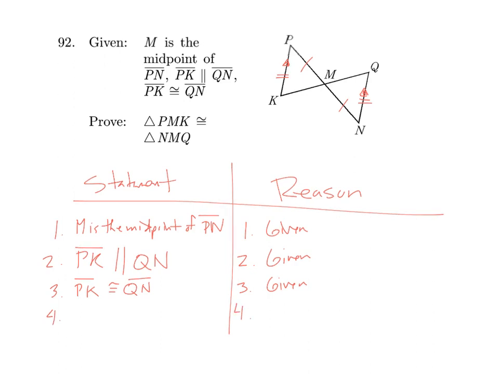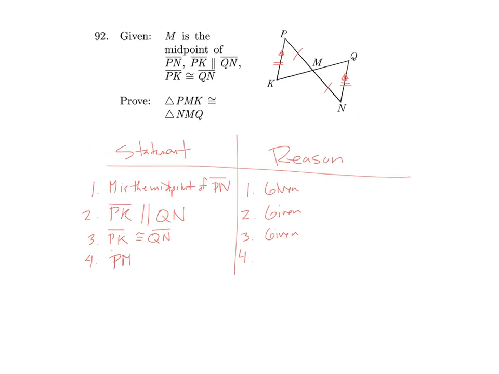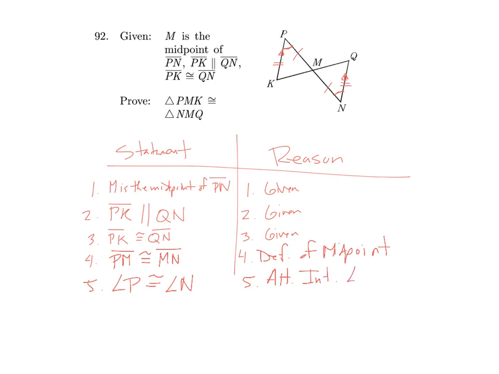Okay, now let's see what we can do here. Now I could say PM is congruent to MN. Well, they told me it was the midpoint, so now I know these segments are congruent by definition of midpoint. Then the lines are parallel, so I could say that angle P is congruent to angle N. So that's alternate interior angles.